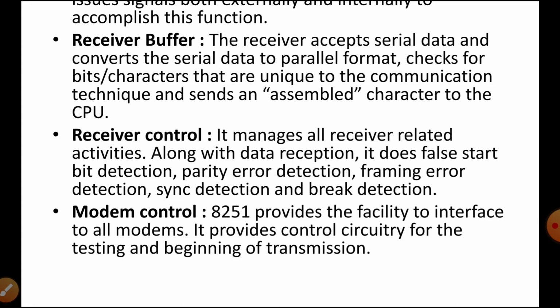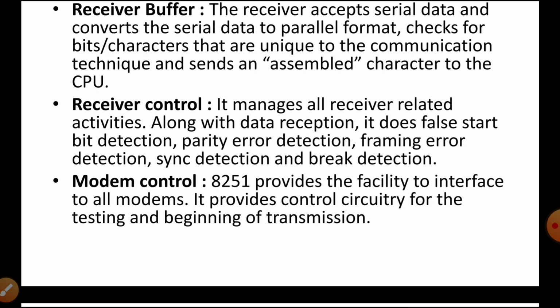And the last one is the modem control. Now 8251 has a set of control inputs as well as outputs that will be used to simplify the interface to almost all kinds of modem. It provides the control circuitry for the generation of certain signals, which give information, for example, that data is ready to be sent.